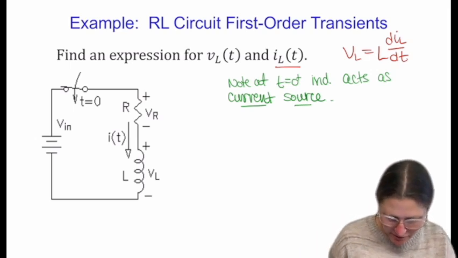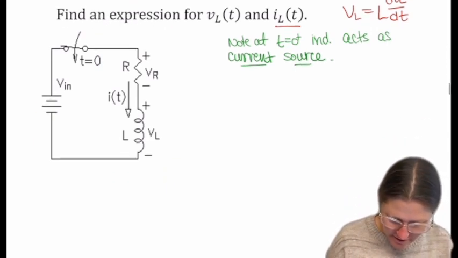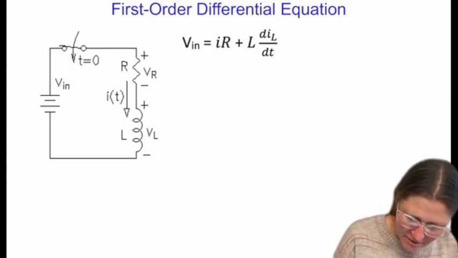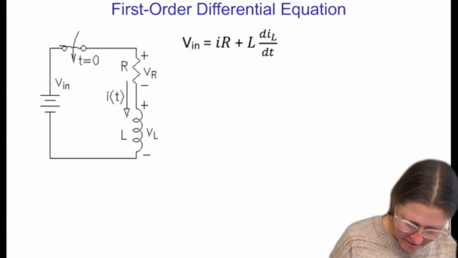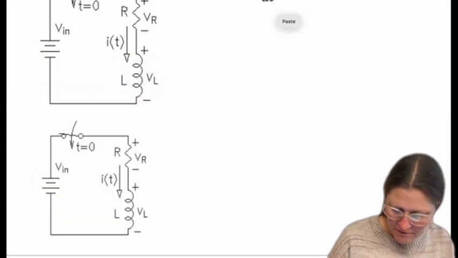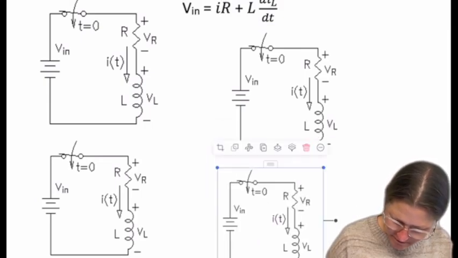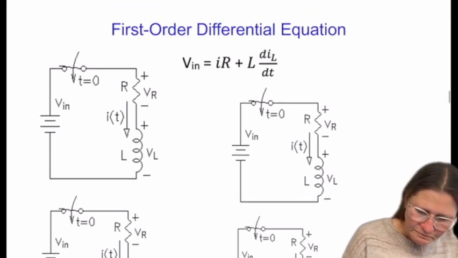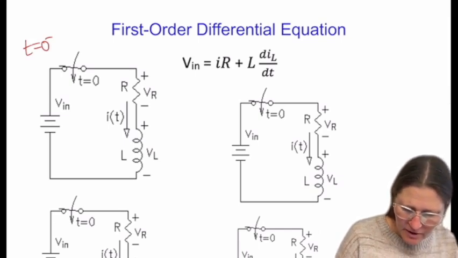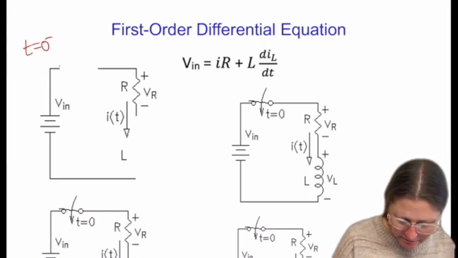Looking like most of you have gotten it. Okay, so at t equals 0 minus, you're going to have an open, and then this becomes a wire.